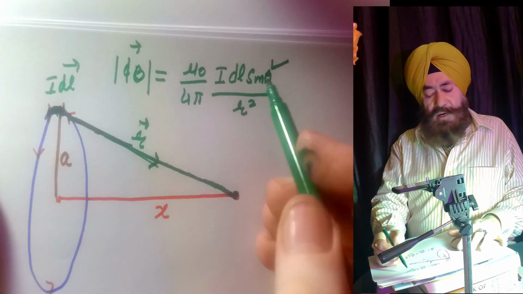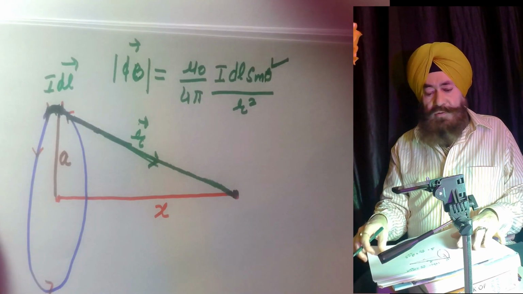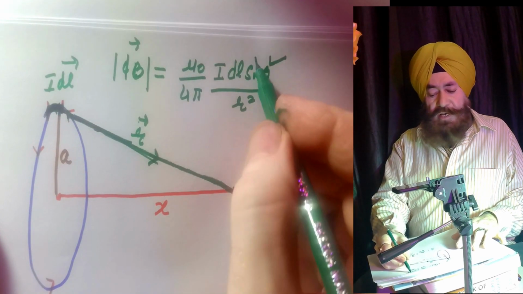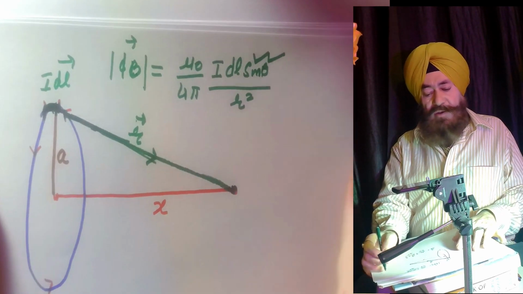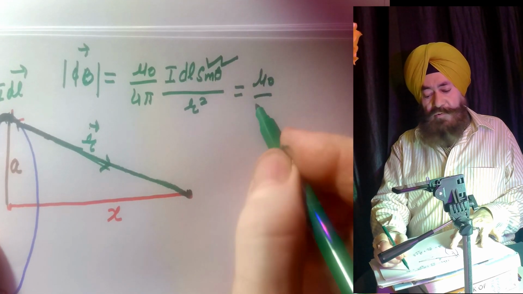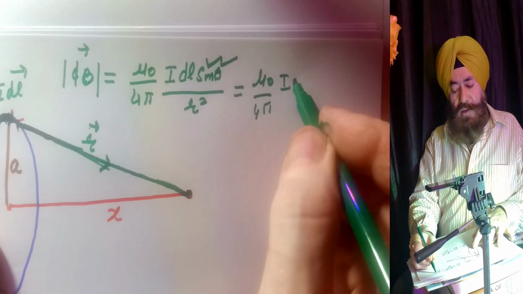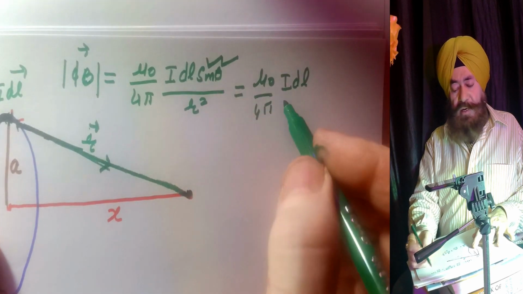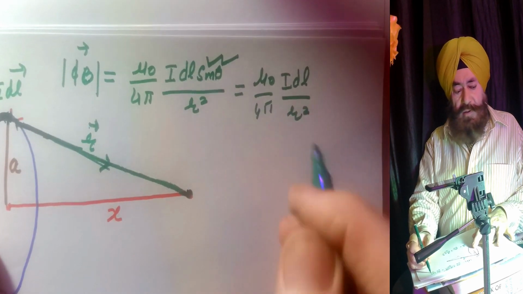So theta remains 90, and sine 90 is 1. So it becomes mu naught over 4 pi, I dl upon r square.